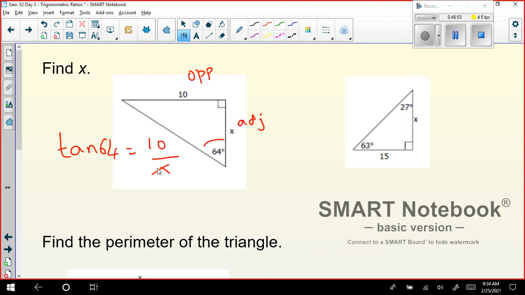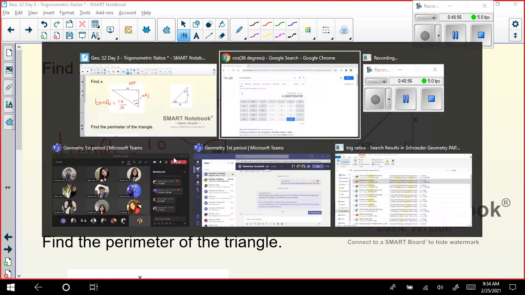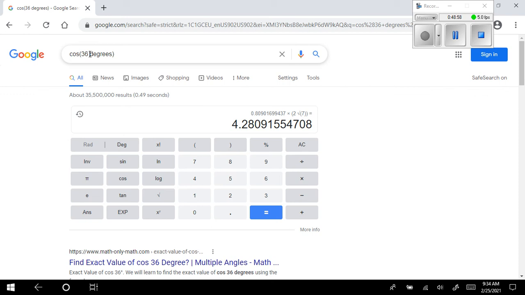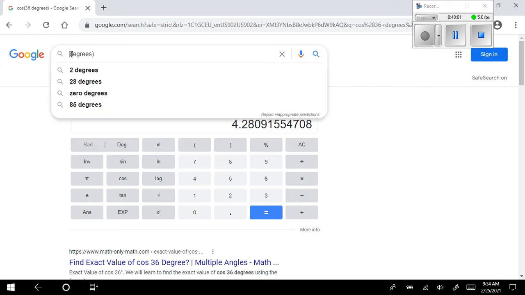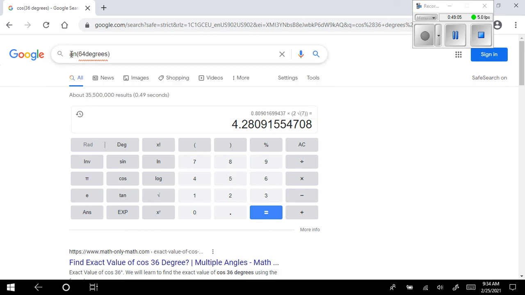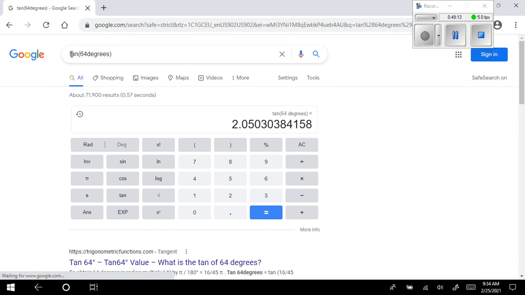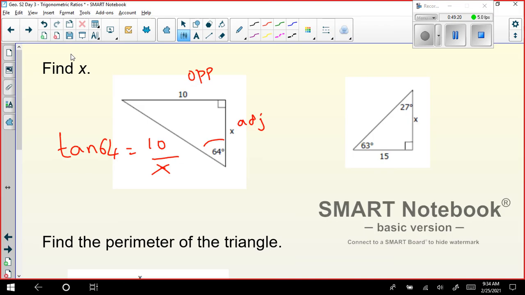Let's use the calculator and find tan 64 degrees. Tan 64 degrees is 2.050. So here I have 2.050 equals 10 over x.